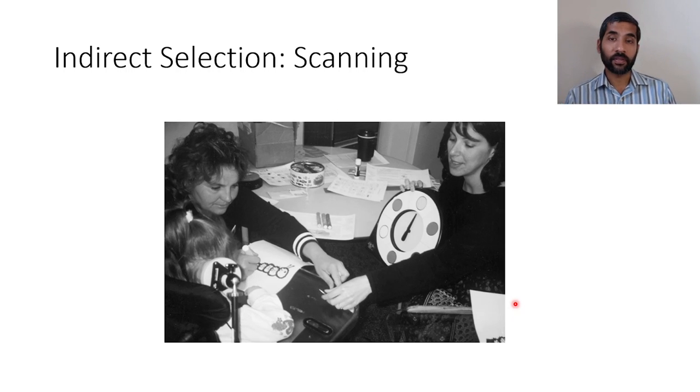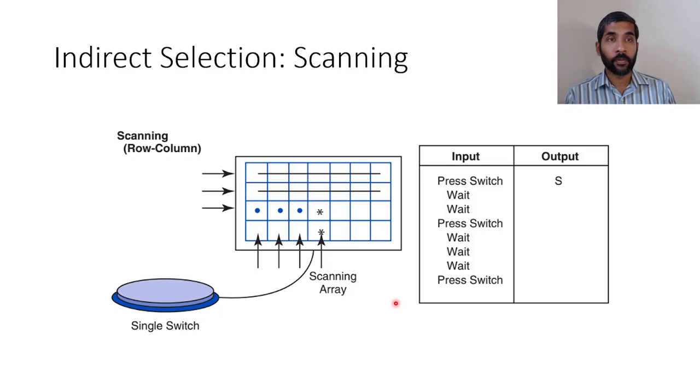And there are various ways of scanning. Here, for example, this girl is selecting by looking at the various colors that she wants to use. You could also have a similar kind of scanning for more options, right?